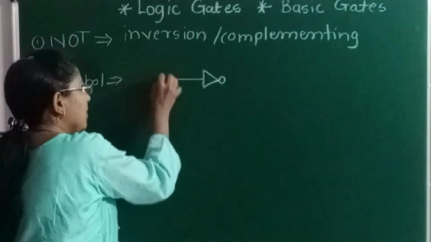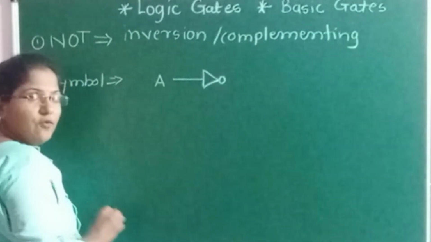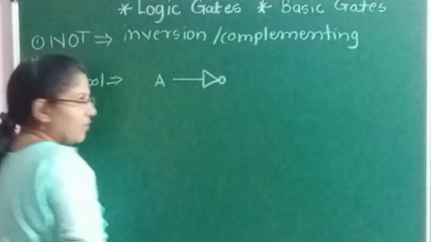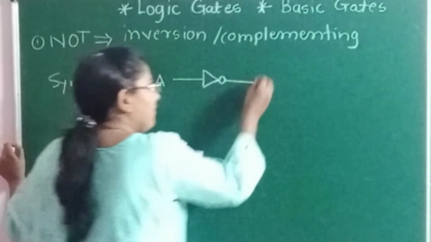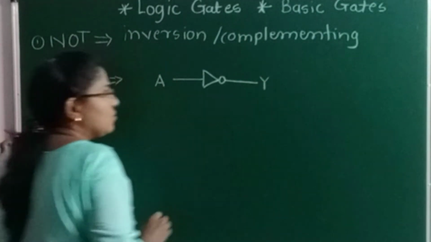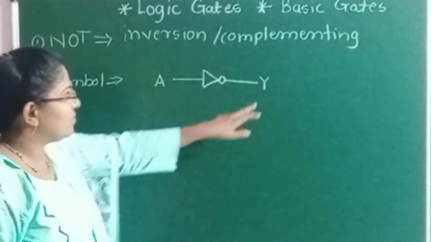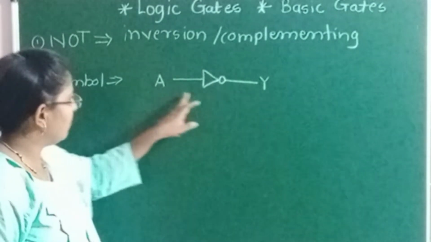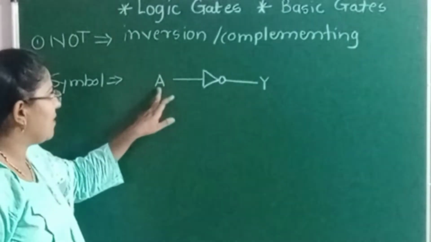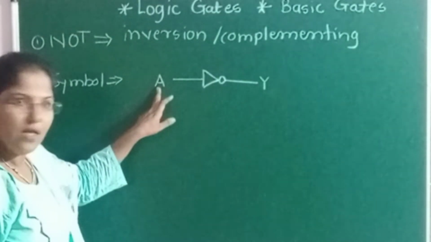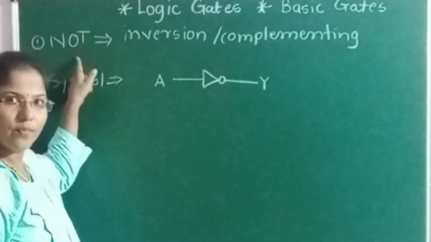Suppose that input is called as A. I will give the name A to the input, and here I will get the single output. I will call it as Y. So output is represented by using Y, and here we can give any name to the input. Single input is there, I have named it as A. So this is about the symbol of the NOT gate.